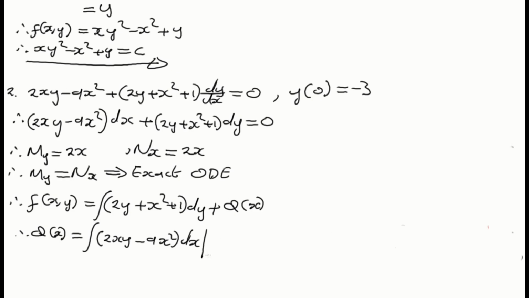Again, remember, now we are y free. So y free terms. Therefore it means you must ignore the 2xy term, we don't need it. Therefore q of x is equal to minus, so it will be x cubed over 3.